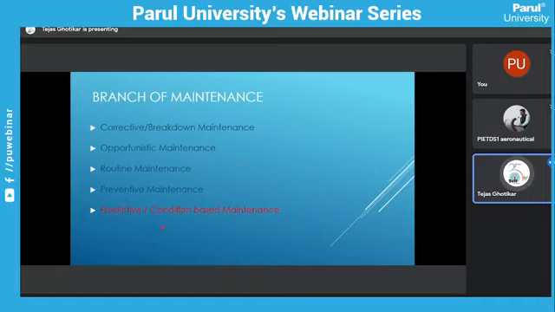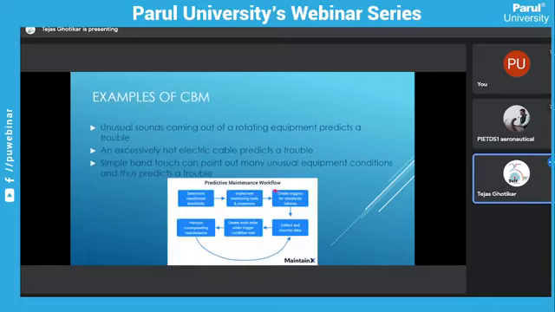What we are doing is continuously checking the parameters, and it depends upon the system what parameter we are checking. Based on the system, it may be temperature, pressure, or vibration. Now if we consider condition based monitoring, that is CBM, a few examples: unusual sound coming out of a rotating equipment predicts trouble, right?